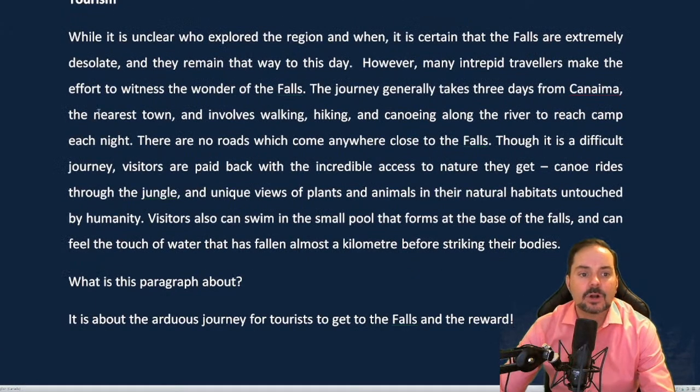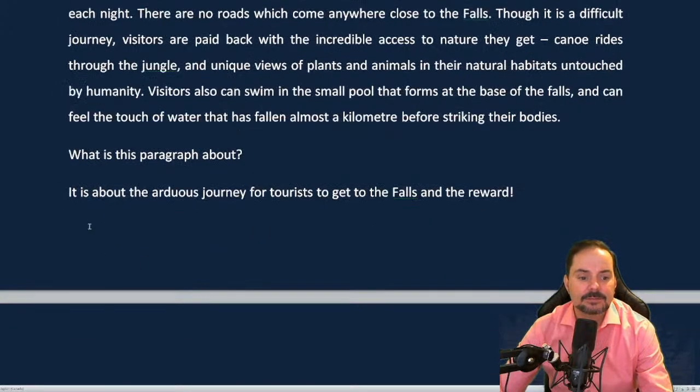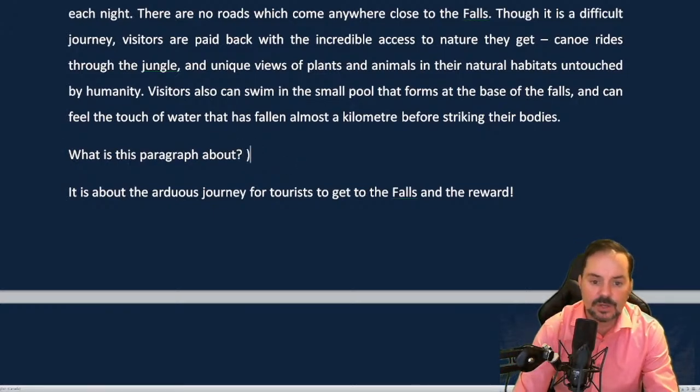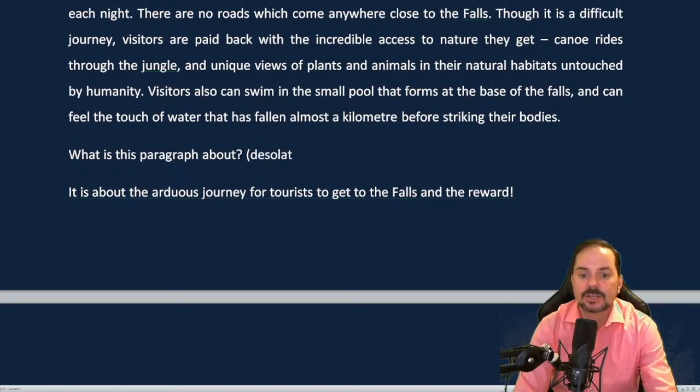Okay, so when you have new words like desolate, you want to write those down. New vocabulary, always write it down at home when you're learning it. Desolate, it's like saying remote, isolated.